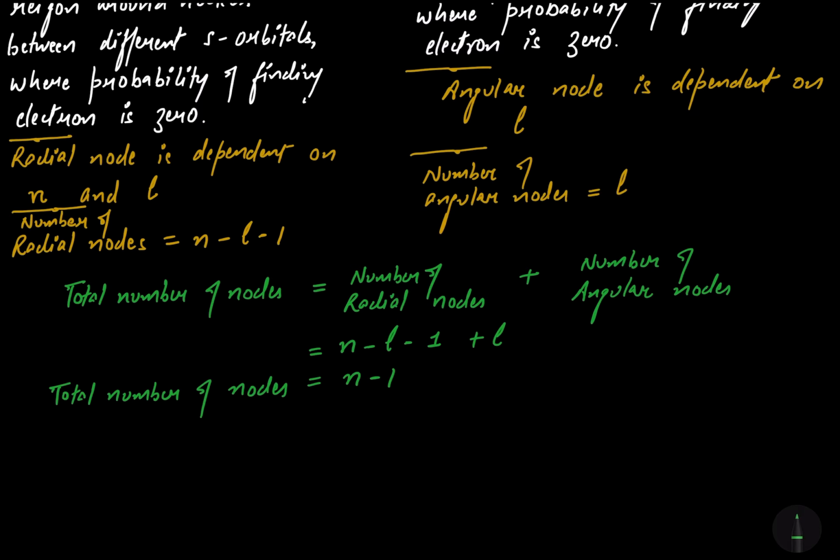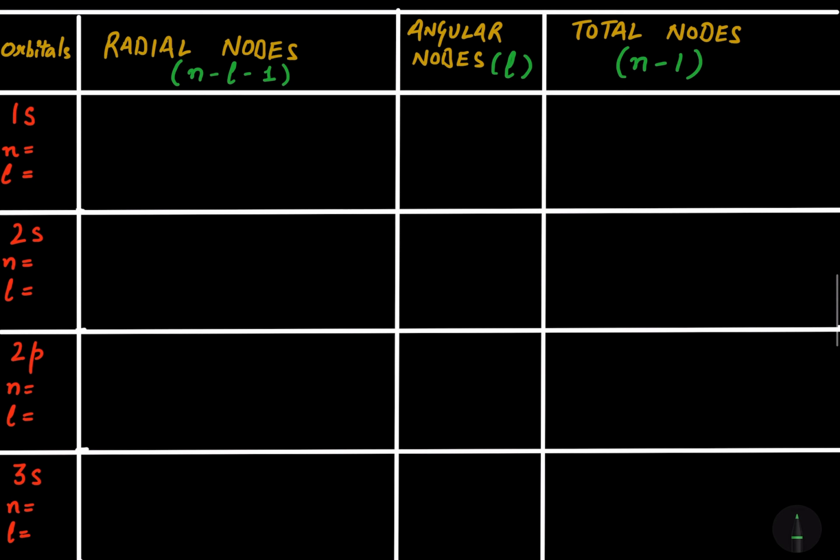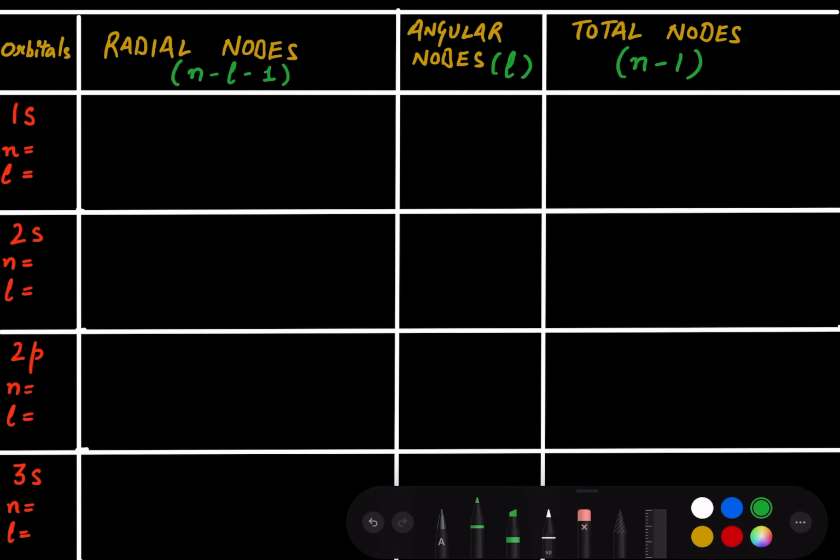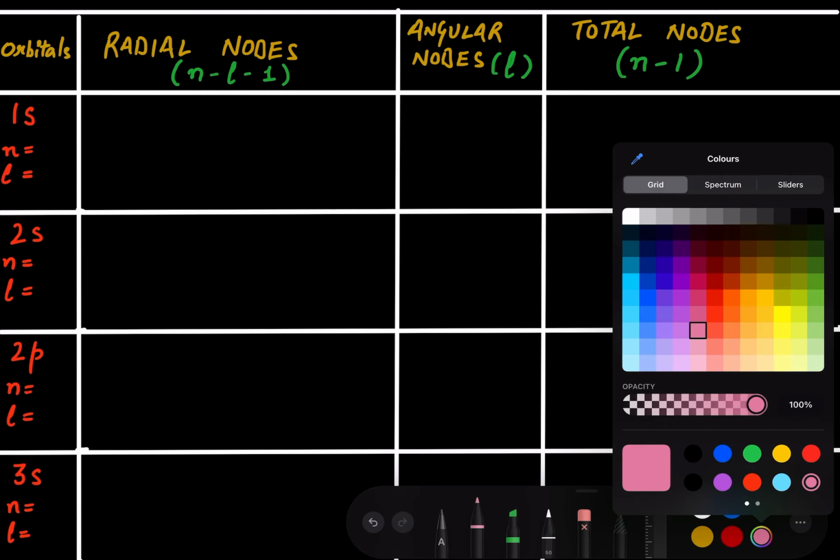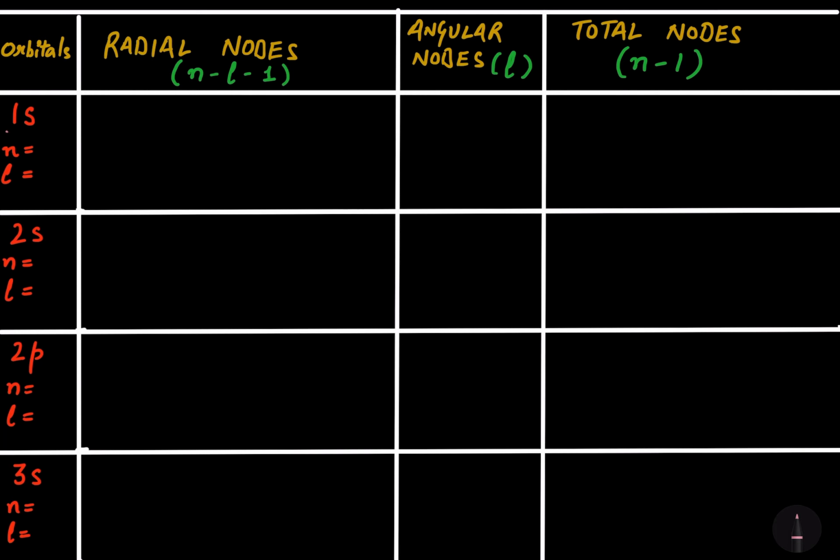Now let's evaluate radial nodes, angular nodes and total nodes for different orbitals. So here comes the data. First of all, I have made a table in which I have mentioned the orbitals, the radial nodes with the formula n minus l minus 1, angular nodes that's equal to small l, the azimuthal quantum number. So total number of nodes will be equal to n minus 1. Now firstly let's evaluate this for 1s.